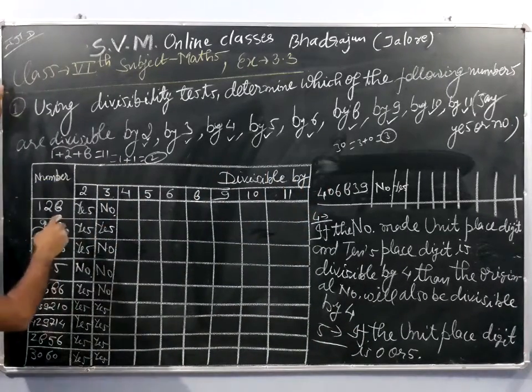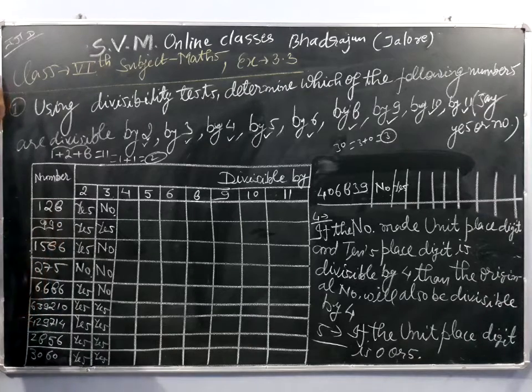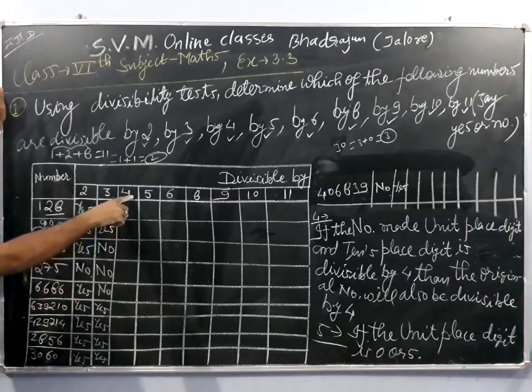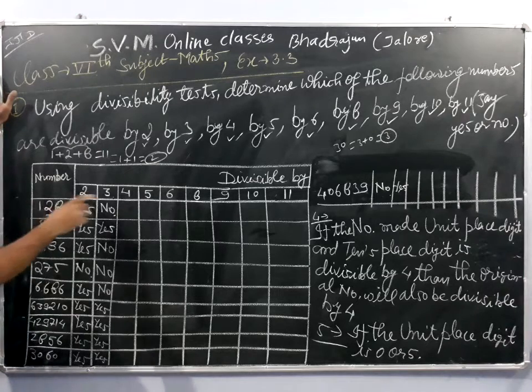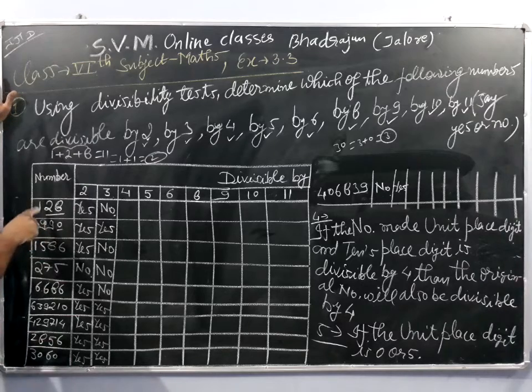Here we are seeing unit place digit is 8 and tens place digit is 2, and the number made by these two digits is 28. So let us count the table of 4 and check whether 28 is divisible by 4 or not. If 28 is divisible by 4, then we will say that our original number, which is 128, will also be divisible by 4.